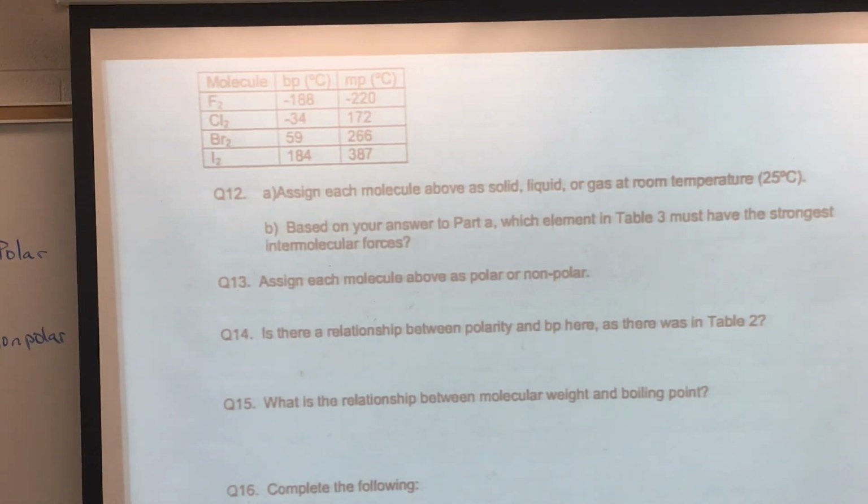So if this said this was the boiling point, and you may not even be able to see what I'm writing over here. If the boiling point of this is, I'm going to make up some numbers, 50, whereas this one is 80. I can't tell if you can see that or not. Little adjustment. No, you can't see that.